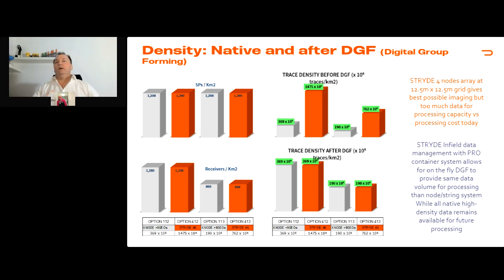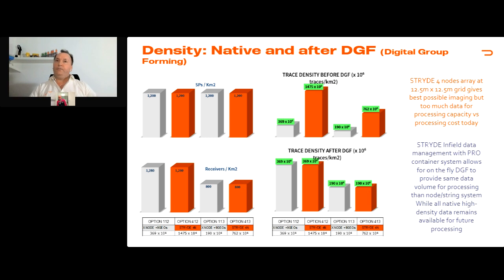So an important point: today, managing so much data volume is very difficult from a processing perspective. Processing shops today, the cost of hardware and services to manage so much data, if not through digital group forming first, is cost prohibitive.